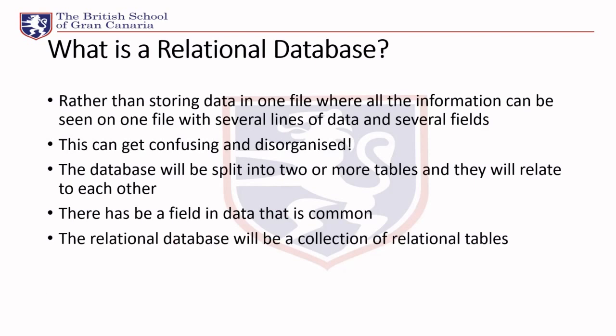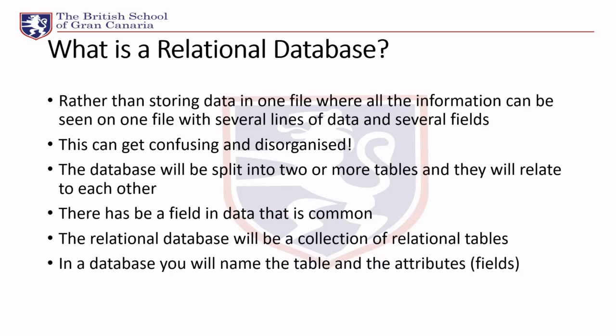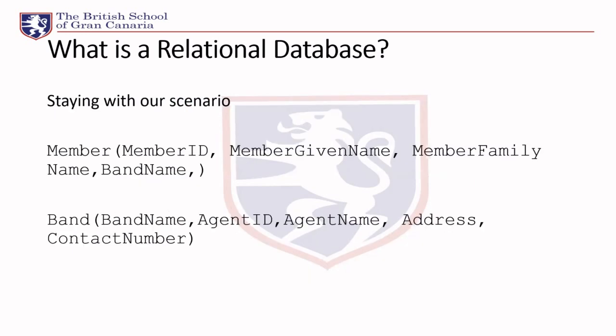So a relational database becomes a collection of relation tables, okay? So in a database, you will name the table and their attributes, which are basically the fields. We call them attributes because they are categorized in terms of text, currency, numeracy, and so on.